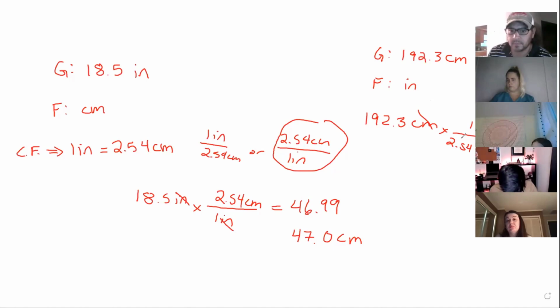We take our initial value, 192.3, and in this case, divide it by 2.54. Some people will think, when I'm going from centimeters to inches, I divide, and the other way, I multiply. I just set it up in dimensional analysis and let the setup tell me what to plug into my calculator. So in this case, we get 75.71. We're going to go with 4 sig figs, inches.